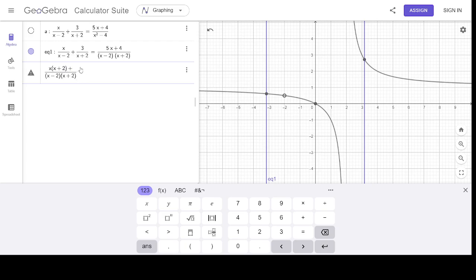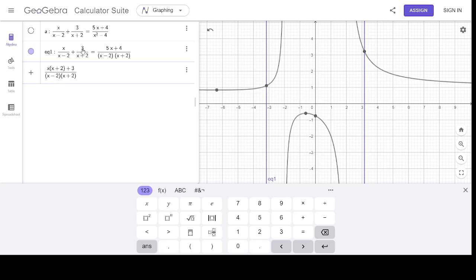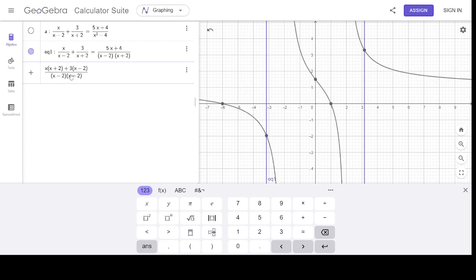Again we divide our denominator by x plus 2. So you see this x plus 2 cancels x plus 2, then we remain with x minus 2. So you have this term here, 3 in bracket x minus 2. Now we are done with the left side of the equation.